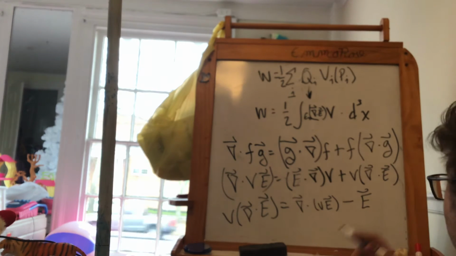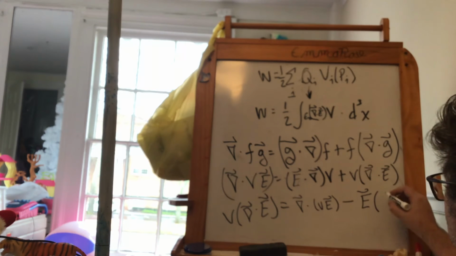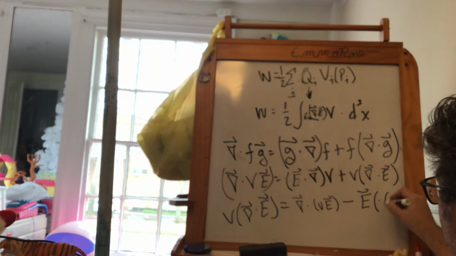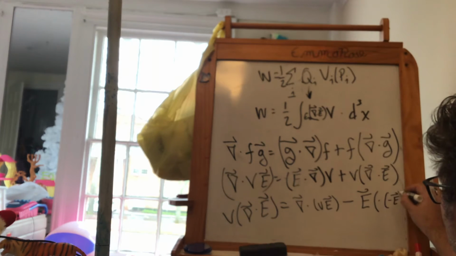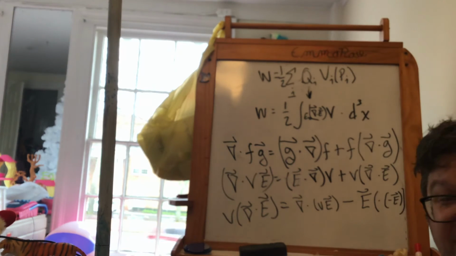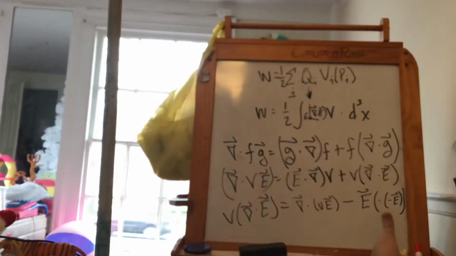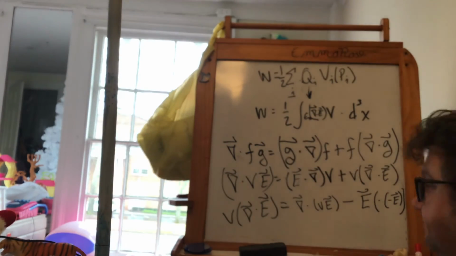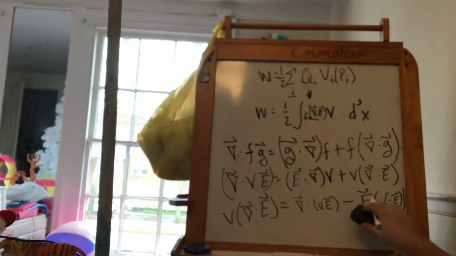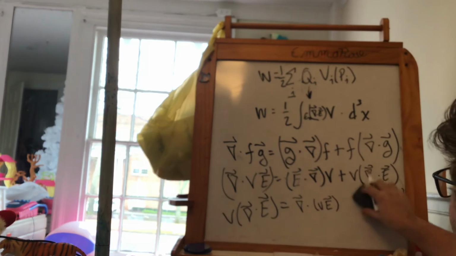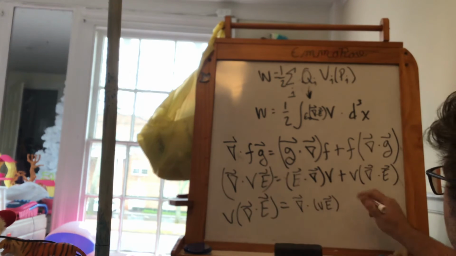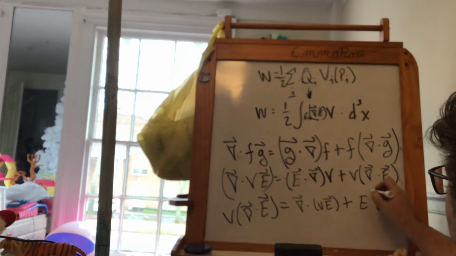Well, that is just minus E, dotted with E. That's going to be minus E, right? Because the gradient of the scalar field, the electric potential, is just minus the electric field. Or minus times a minus, this becomes plus E squared.